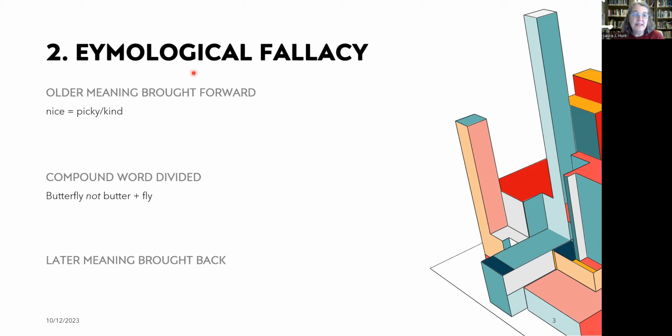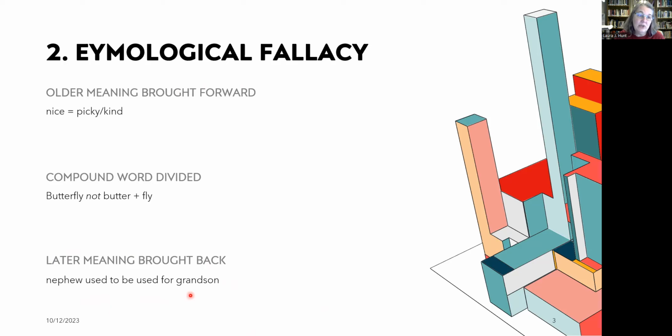We can do the opposite rather than taking an older meaning and bringing it forward. Sometimes people take a later meaning and read it back into an earlier text. So two examples, one example in English is that years ago, the word nephew used to be used for grandson. Nephew could mean the children of your brother and sister, but it could also mean the children of your children.